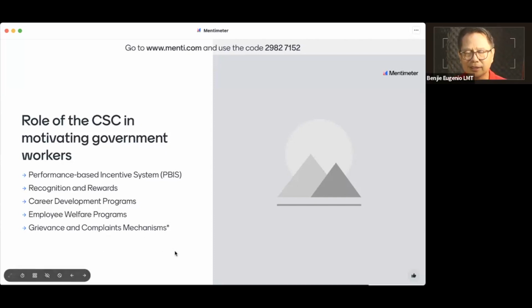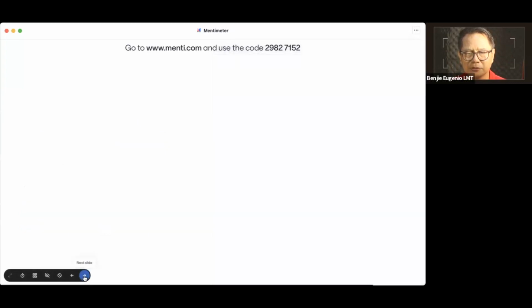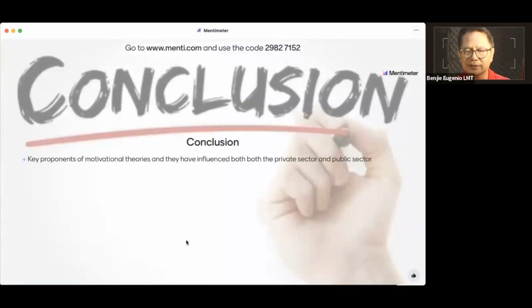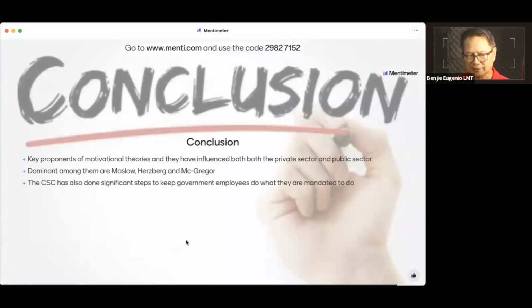Okay, so ang pag-uli na ko nga slide would be my conclusion. And kita naton kagina, na-appreciate naton ang mga works ng various nga mga thinkers kag mga theorists when it comes to motivation. And in our list we have Abraham Maslow, Herzberg, and then si Douglas McGregor.